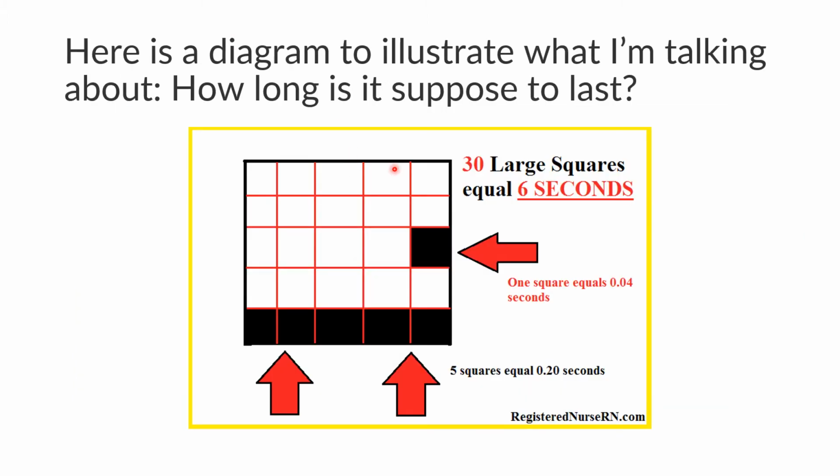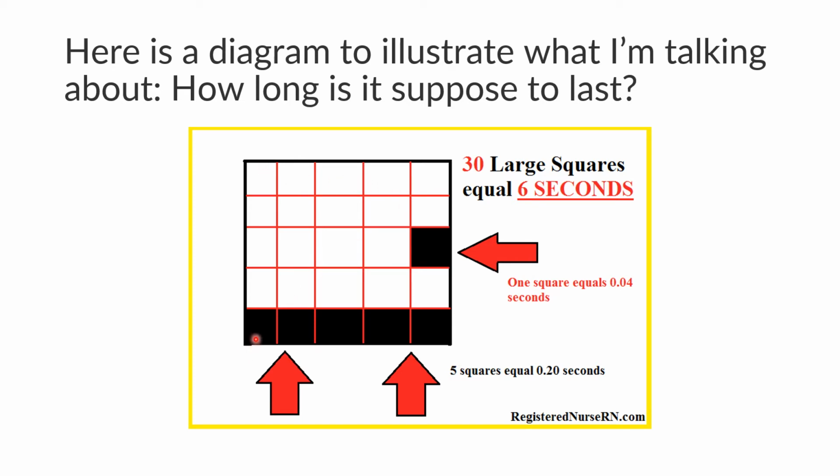So here is a diagram to illustrate what I've been talking about. 1, 2, 3, 4, 5. Okay. You have your 6-second strip, which would be from point 1 to point 2, and then from here to there on your strip that you would have copied. But this is a superimposed box. So you can see 1, 2, 3, 4, 5 boxes.